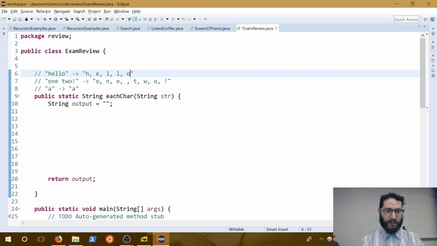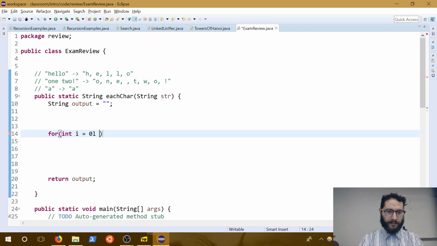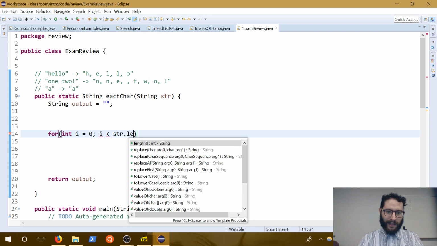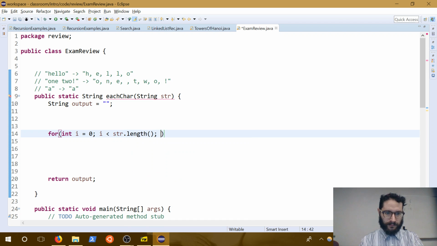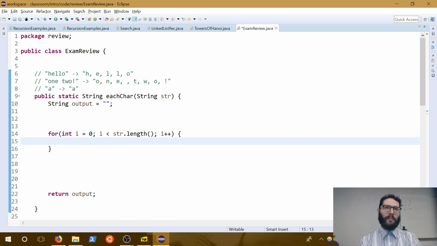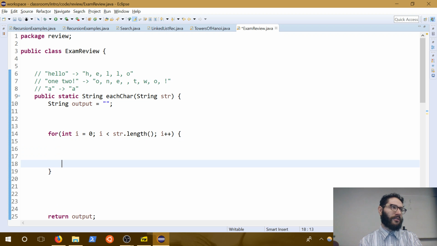So right now I'll print out every single character. For int i equal to 0, i less than or equal to str.length() to get the length of the string, i++. I remember from the Pig Latin problem and other problems, such as counting the number of vowels, how to get every character in the string.